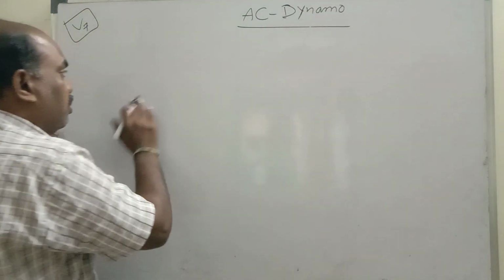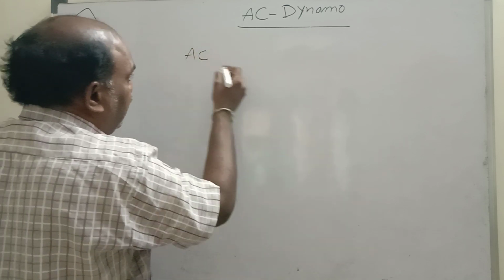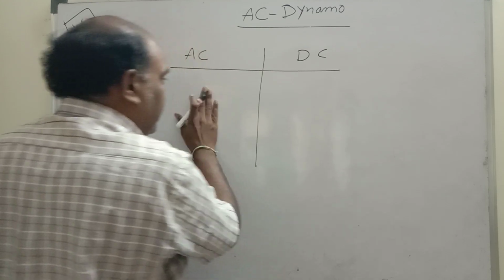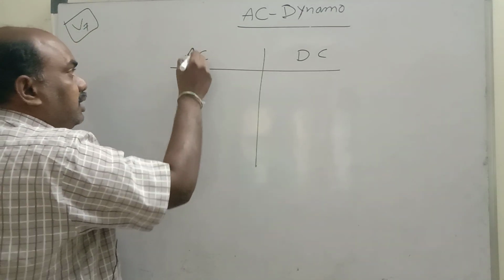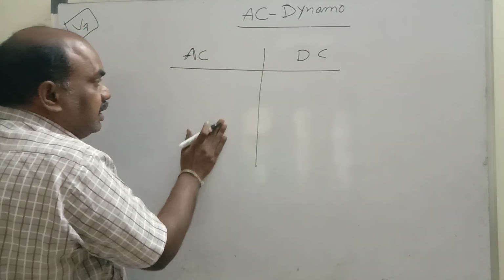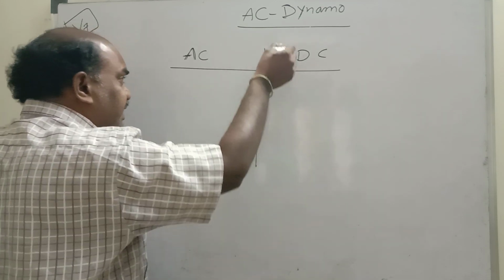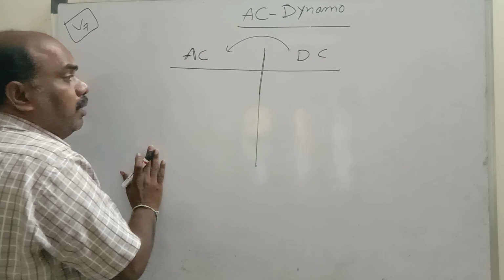Before going to dynamo, we need to understand what is alternating current and what is direct current. I already did this video, but I am repeating once again. First DC current came, and afterwards alternating current came.